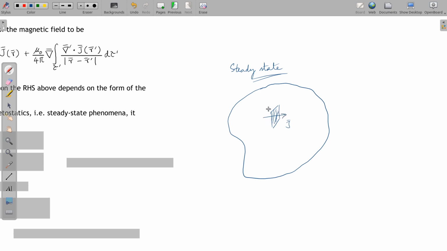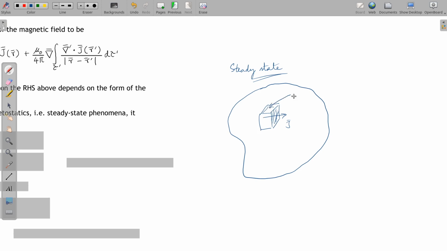If J does not change, and I take a certain volume, the charges are flowing at a steady rate. So the amount of charges flowing per unit time through this volume is also going to remain the same. It means at any point of time, the density of charges inside remains the same.